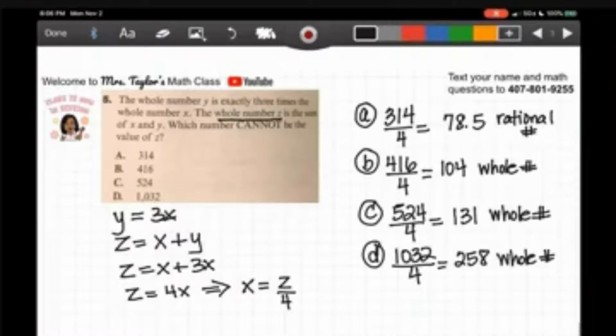It can equal 1032 because when you divide each one of them by 4, you're going to get another whole number. What it cannot equal is a decimal, a rational number. So 78.5, it can't equal that. So that's why we would pick answer choice A as the number z cannot equal.